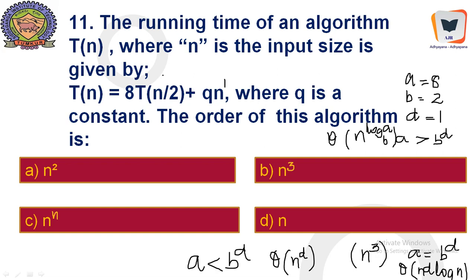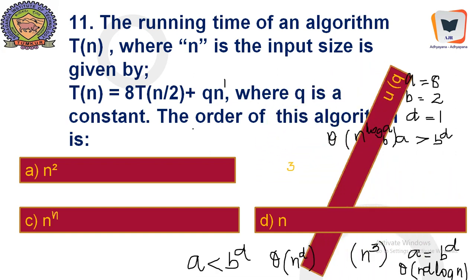So as many steps as it takes to solve 8 problems, each of size n by 2, plus, in order to amalgamate the solutions, this is the time required. The other part is how much time it requires to integrate the solutions which are obtained by part, because it is a divide and conquer algorithm. Therefore it should be n cube.